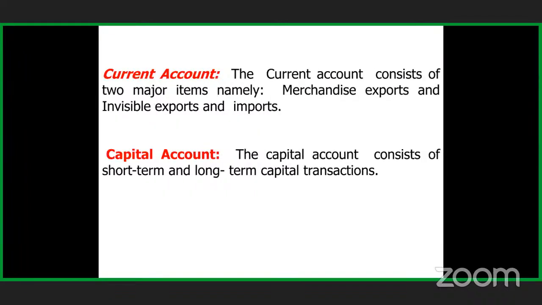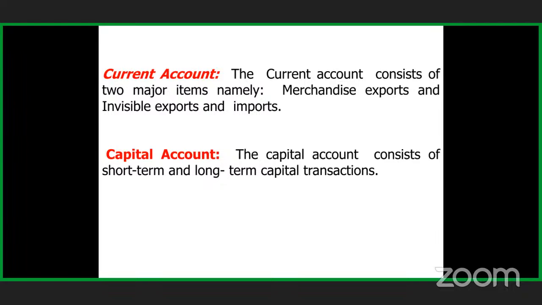Current account consists of two major items, namely merchandise exports and imports and invisible exports and imports. Merchandise exports and imports are nothing but visible exports and imports. We may have foreign relations and trade relations with other countries and other units of various countries.